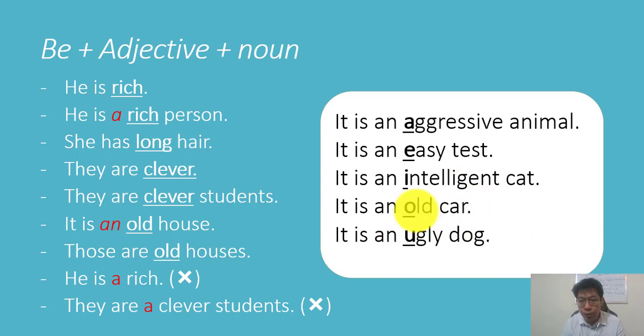If the noun is plural or uncountable, we cannot use an article in front of the adjective.